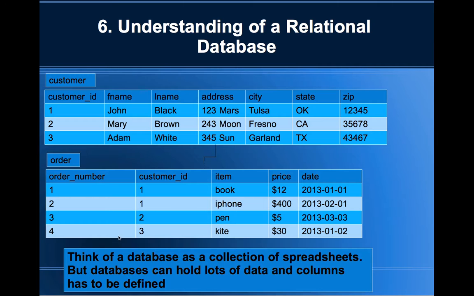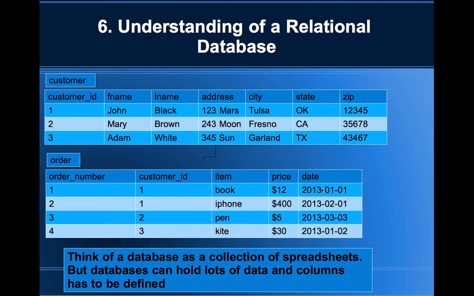And the fourth order belongs to customer number 3, which is Adam. This order table has 5 columns. Again, numeric, character, dollars, or you can keep it as numeric, and a date.